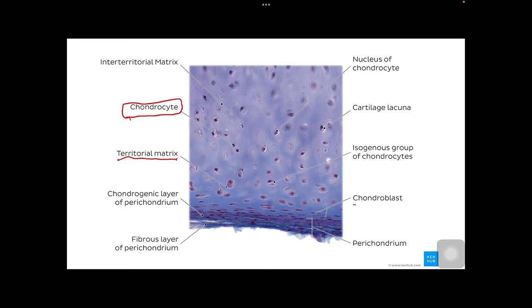And chondroblasts are the initial or early differentiation stages of the chondrocyte. You will see that the chondrocyte and the territorial matrix will form a lacuna. That's what we call the cartilage lacuna.